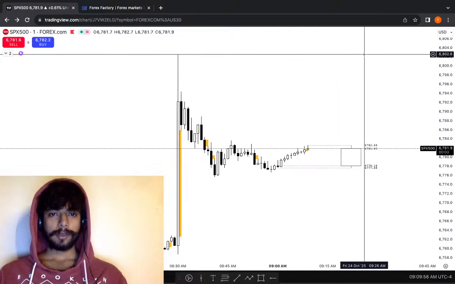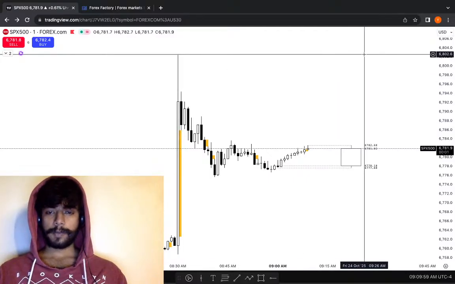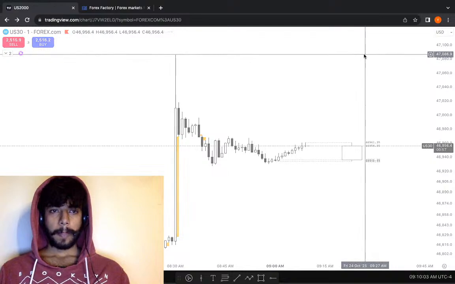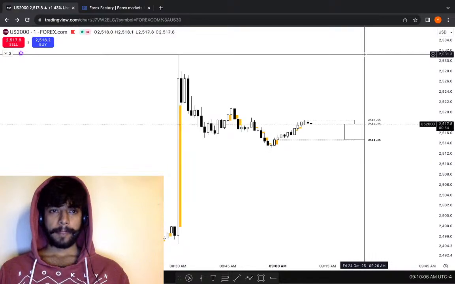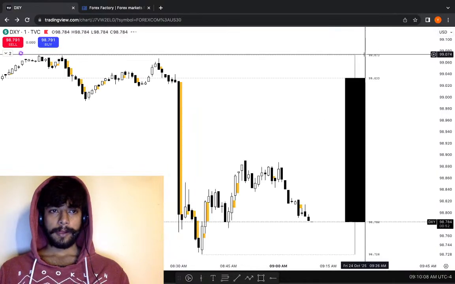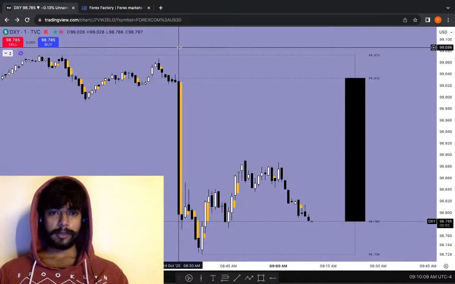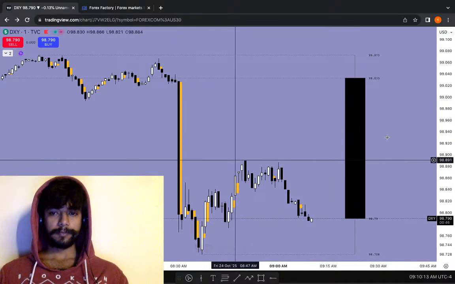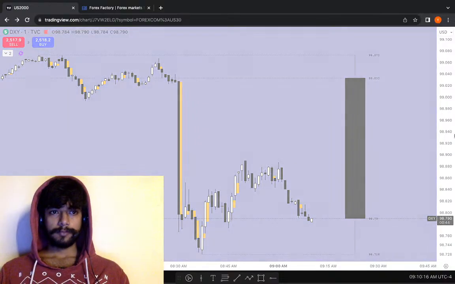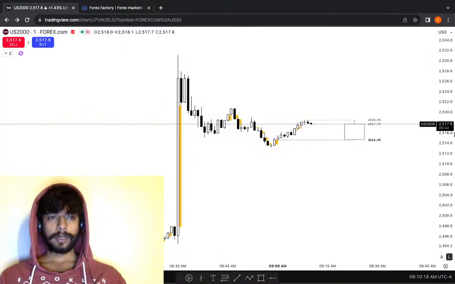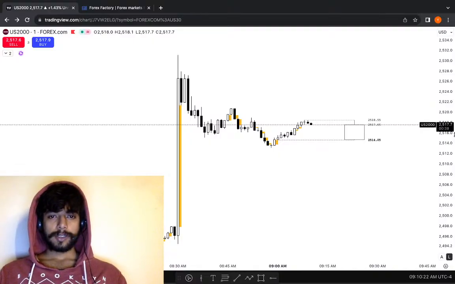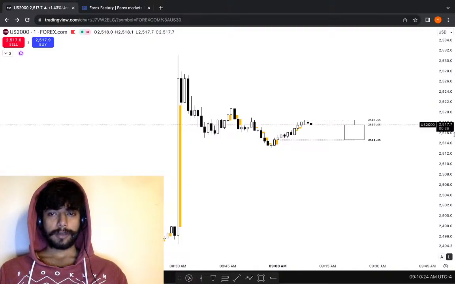Okay, short up higher, and dollar index made a good down move, because dollar and indexes are inversely correlated to each other.